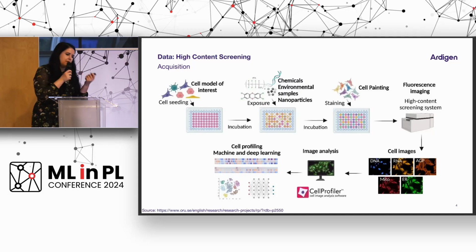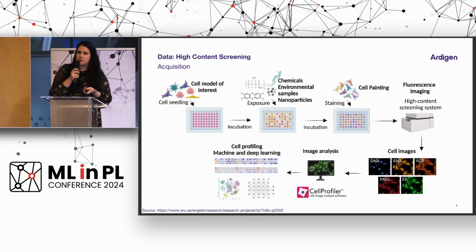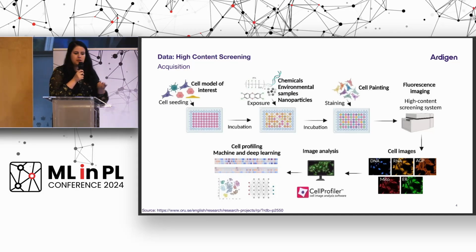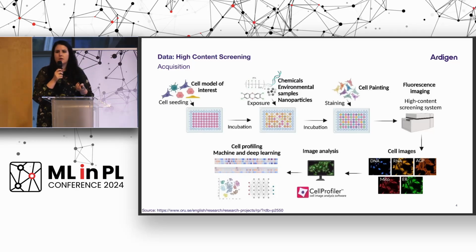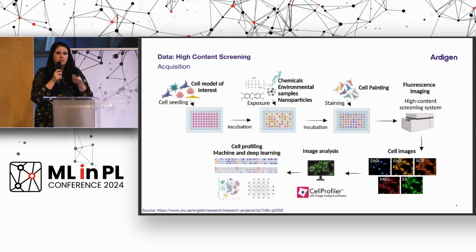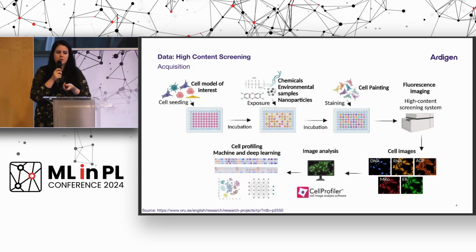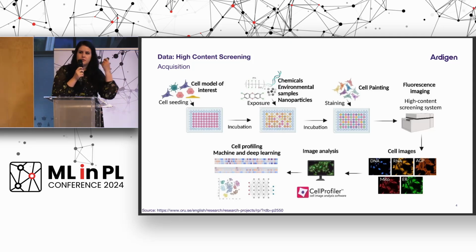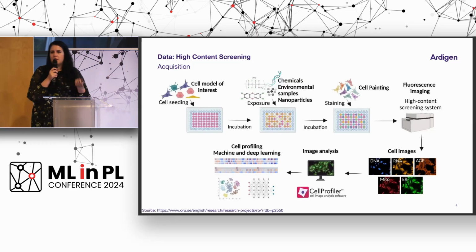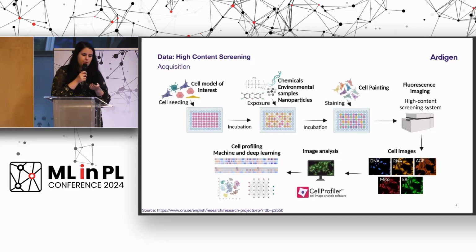This can be done with some human-defined features, and CellProfiler is one of the examples of that approach, where we measure things that we can see and that a human can define, like shape, size, texture, and so on. Or we can, of course, do deep learning, which I will be focusing on. And from that, we get a profile of the cell, a description of the image, which can be analyzed furthermore.